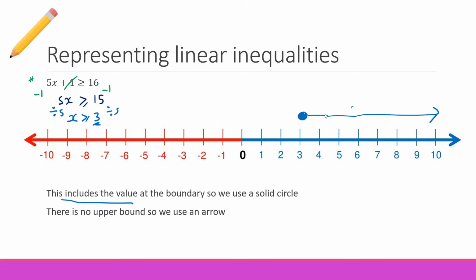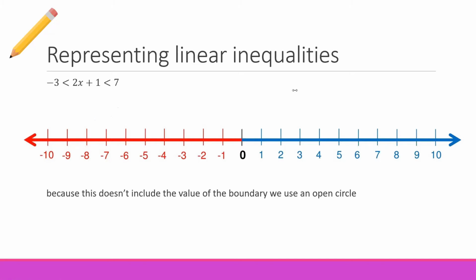Keep me informed. So the next thing we're going to do is a double one. We're going to do -3 is less than 2x plus 1 is less than 7.